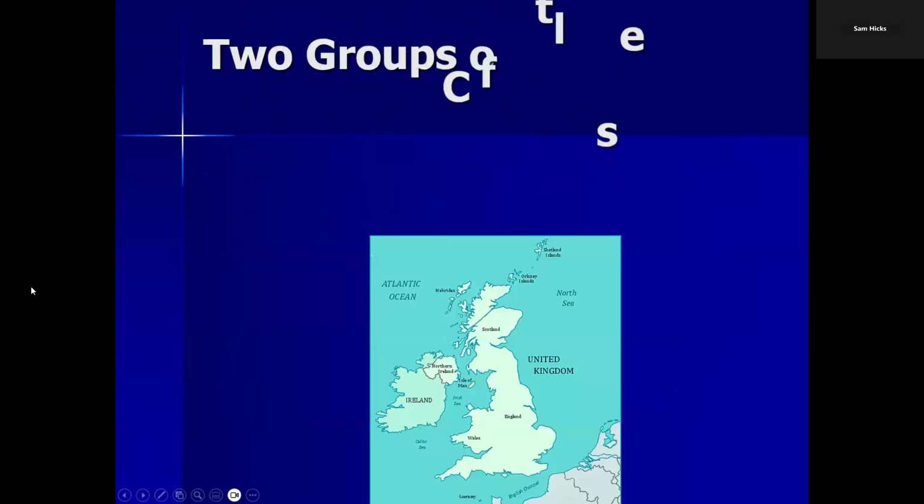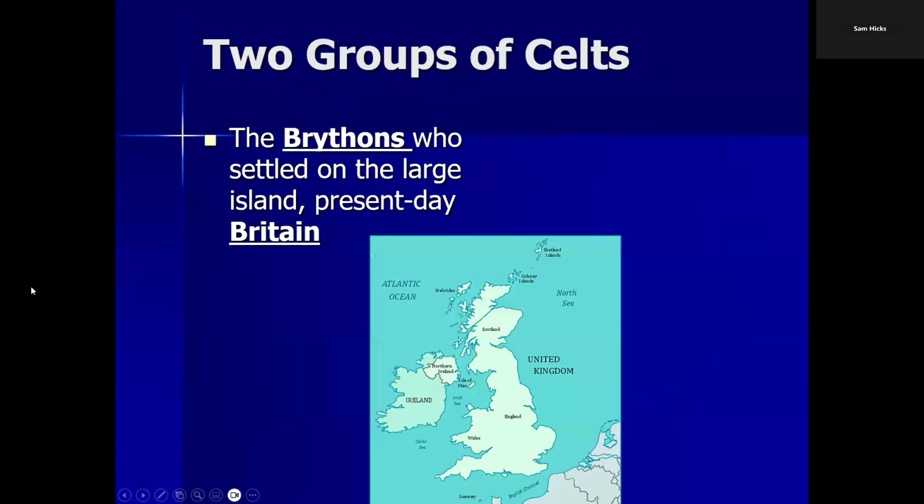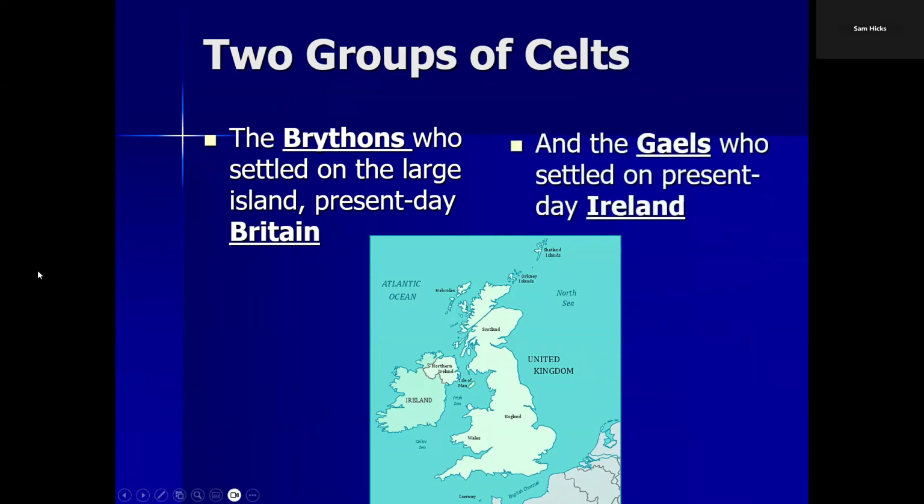We had two groups. We had the Brythons, and they settled on the large island, what we would now call Britain. And we had the Gaels, who settled on what we would call today Ireland. So you can see some settled here in Ireland, and the others settled over here.